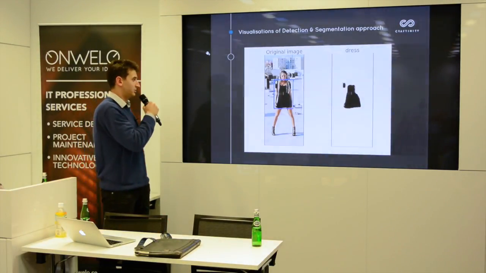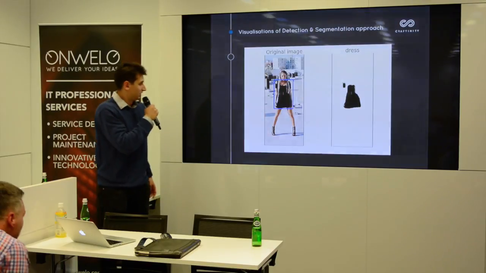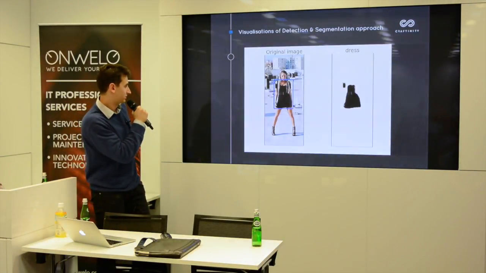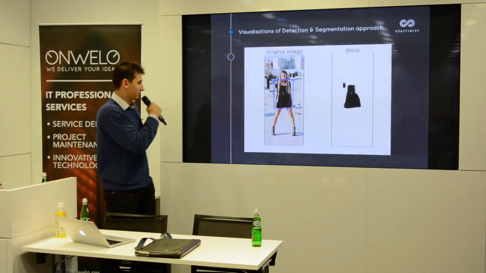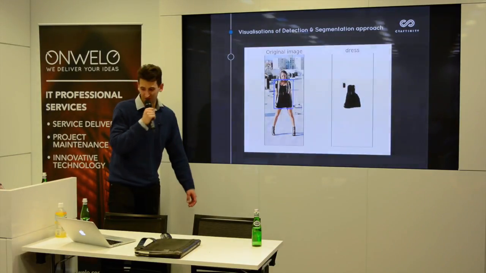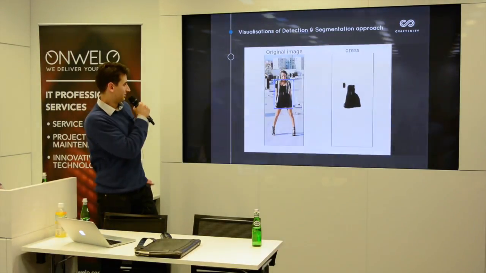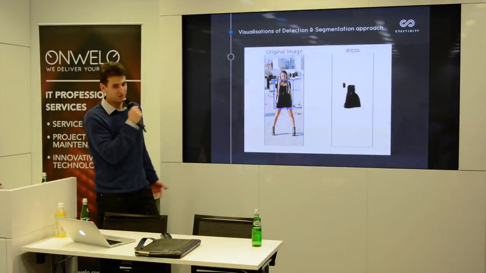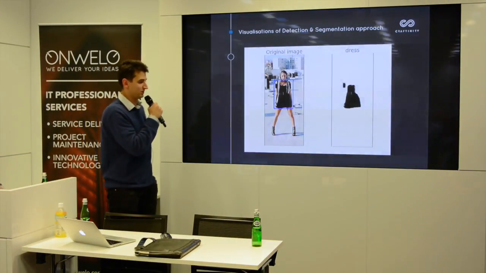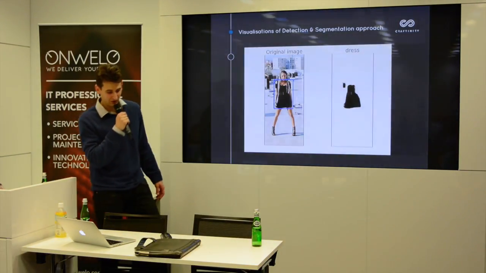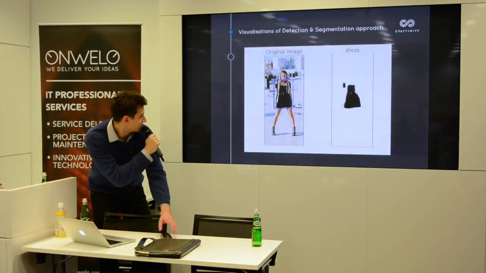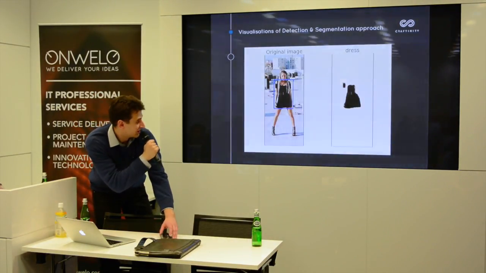And that's the example for a dress. As we can see on this image, this segmentation is really accurate. It's not on every image, obviously, that the mask is so accurate, but we included only the nice one.